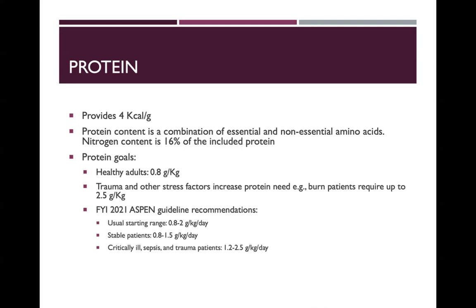So if we go back to the example again, if I weigh 70 kilograms and I'm a healthy adult, I would need 56 grams. So if I need 56 grams of protein today and every day, how many kcal are those 56 grams going to give me? Can you calculate that off the top of your head?